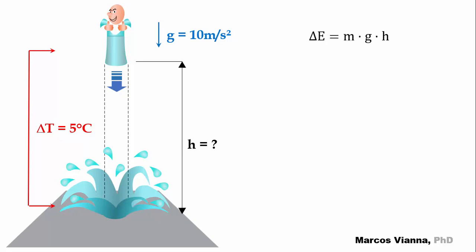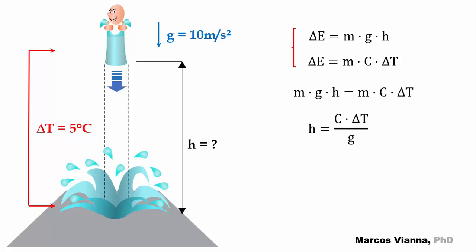Okay, the original potential energy difference is delta E equals mgh. And it will turn to heat through the expression delta E equals mc delta T. So, mgh equals mc delta T, and we find that h equals c delta T over g.